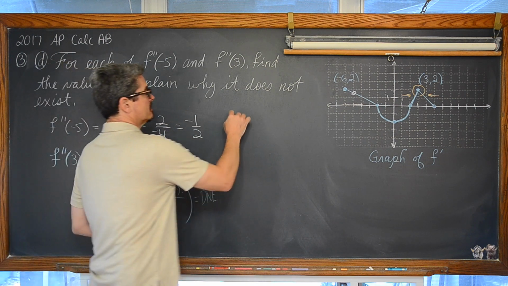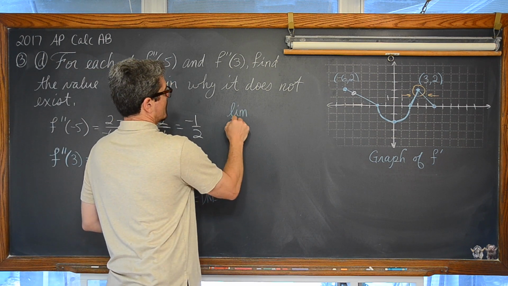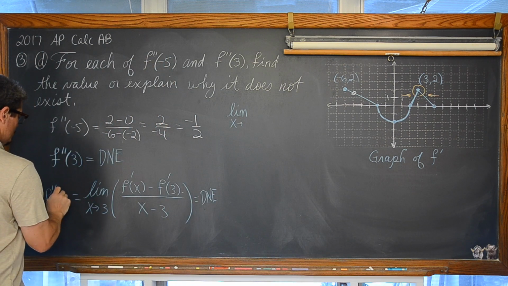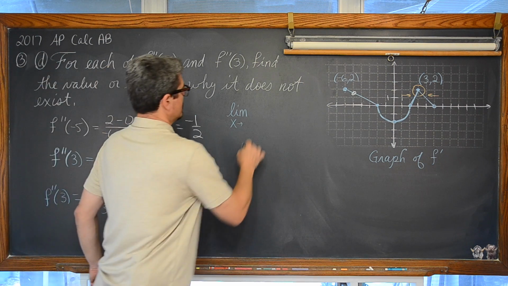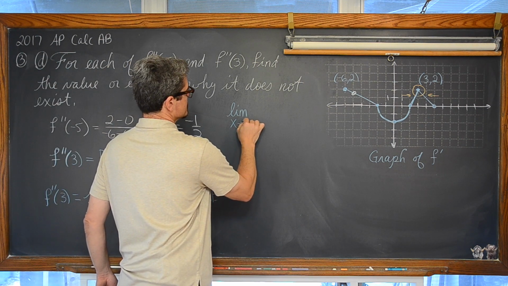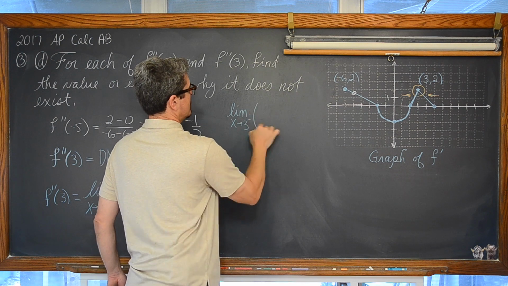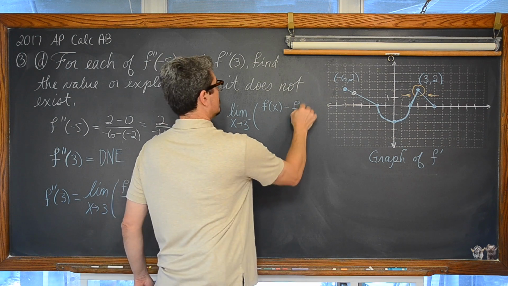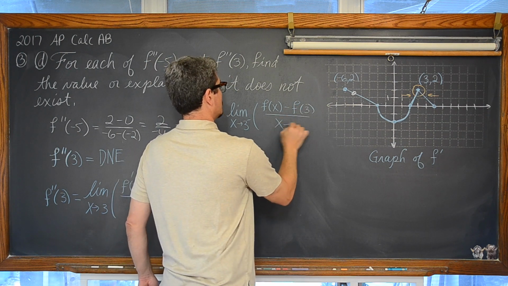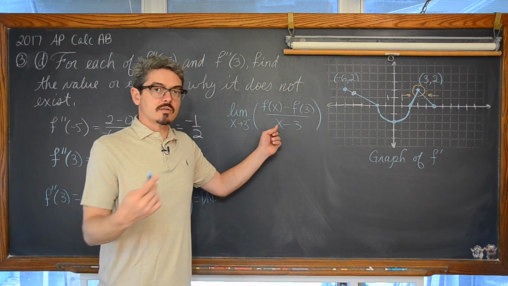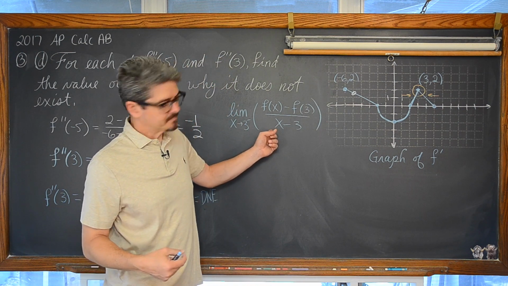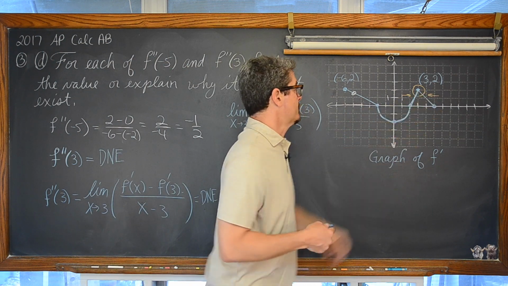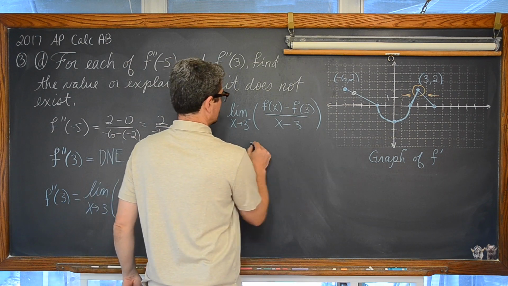We say that the limit as x approaches, and this is equal to f double prime of 3, the limit as x approaches 3 from the left of f of x minus f of 3 over x minus 3, seeing that this is an alternative form for a definition of a derivative, you can just simply then look to the left and say, well, that derivative, that slope, is equal to 2.